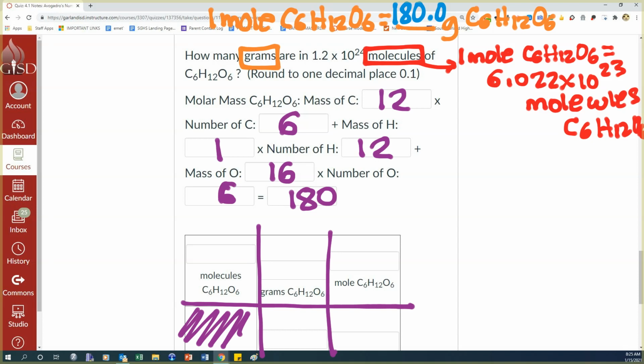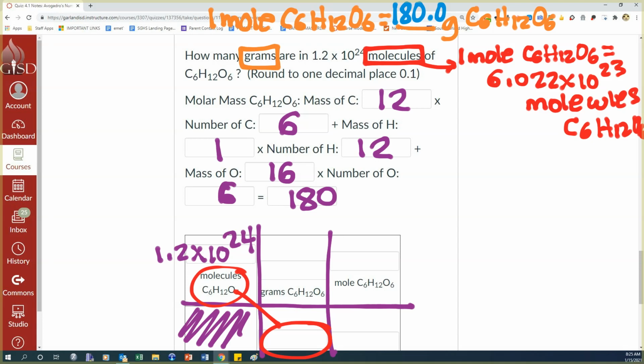The given is 1.2 times 10 to the 24th power molecules. Again, guys, boxes across from one another: if this is molecules, diagonally across it should also be molecules.